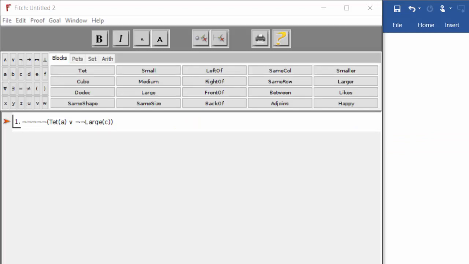Alright, so before ending this video, what we're going to do is take a look at how these negation rules operate in the Fitch computer program. The first negation rule that we're going to take a look at is negation elimination.